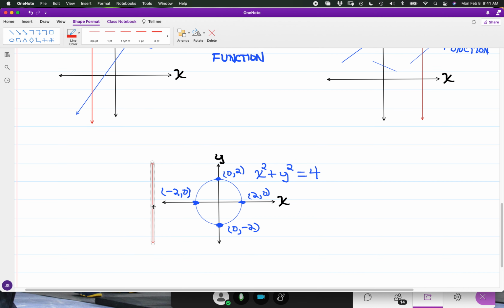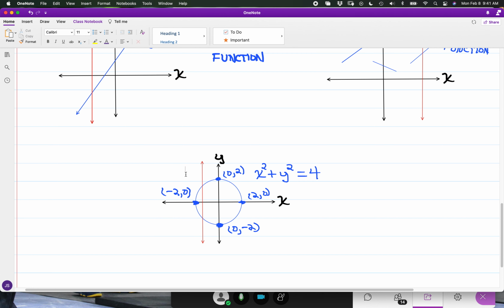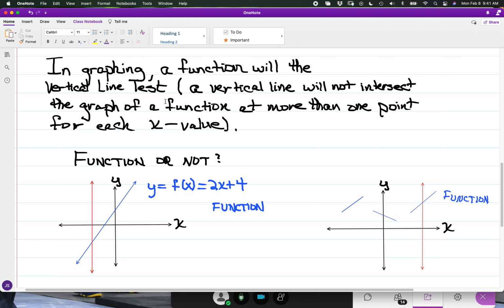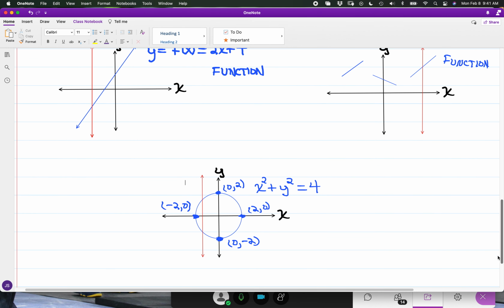Now, say I start from left to right at (-2, 0), and then I proceed a bit to the right. To be a function, it must satisfy the vertical line test, which says a vertical line will not intersect the graph of a function at more than 1 point for each x value.